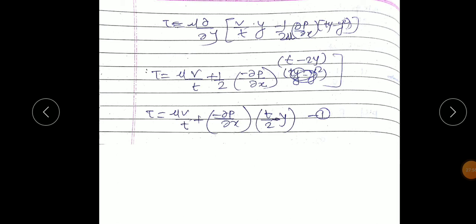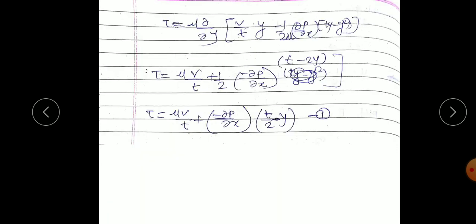Here mu V by t plus 1 by 2 minus dp by dx, here differentiation of ty is t, and differentiation of y square is 2y. So tau is equal to mu V by t plus minus dp by dx, t by 2 minus y.